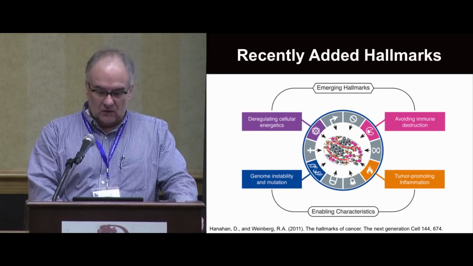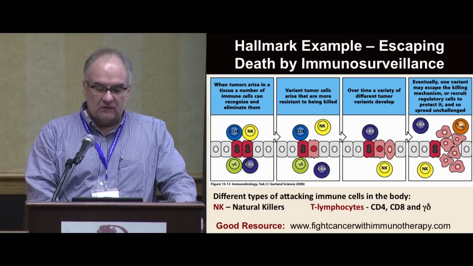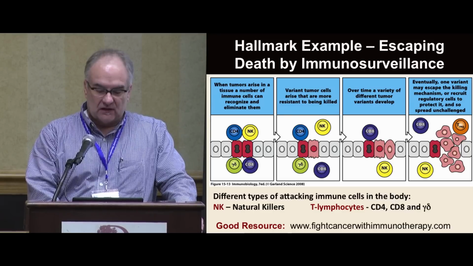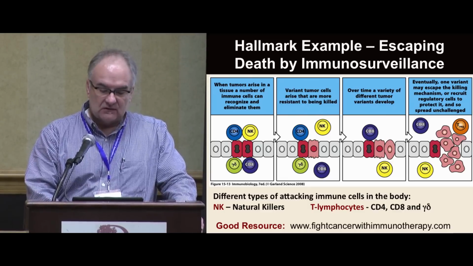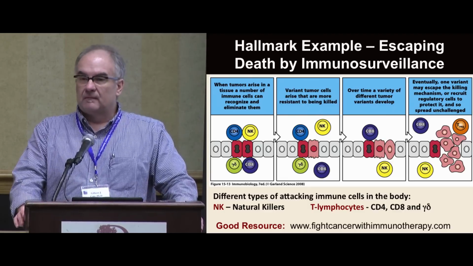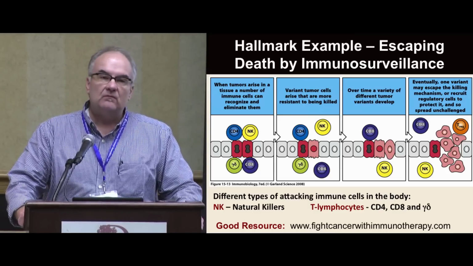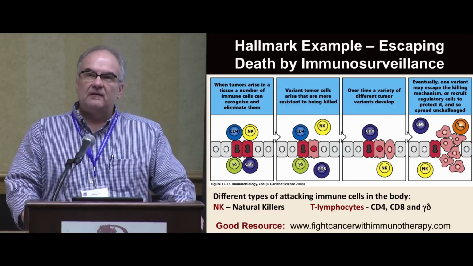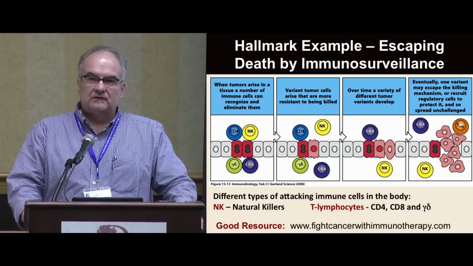So normally, early on, before they acquire all of the mutations necessary, they're being recognized by the immune cells. An immune cell called a natural killer cell, or immune cells called T lymphocytes, recognize these cancer cells, and they will destroy them. But as the cancer cells develop more and more mutations, they become more resistant to being destroyed by the immune system, and they develop tricks to figure out how to not be recognized.